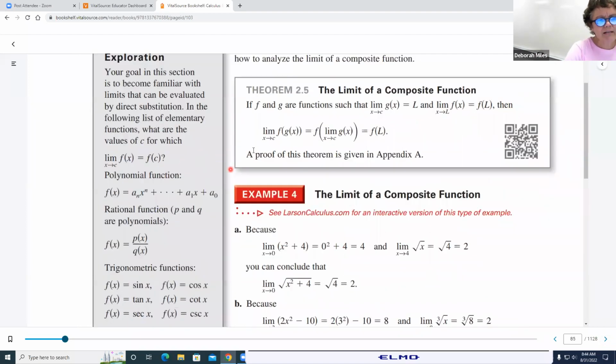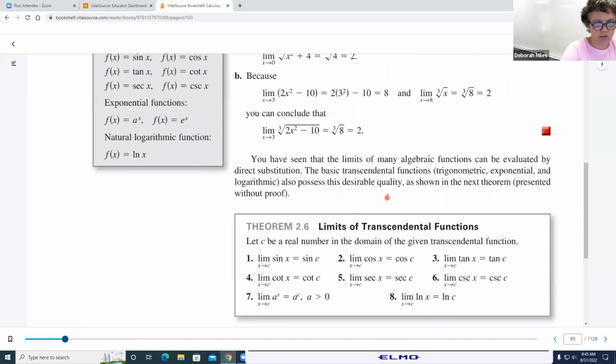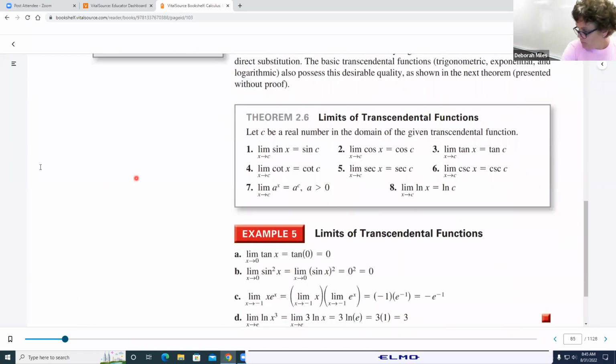2.5, limit of a composite function. Again, it's just telling you all the things you can use direct substitution on. And last one, 2.6, you can use direct substitution on the limits of transcendental functions. The first 6 are trigonometric functions, 7 is the exponential function, 8 is the natural log function.